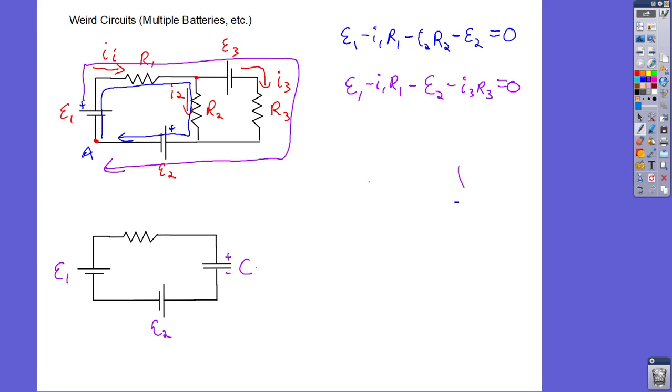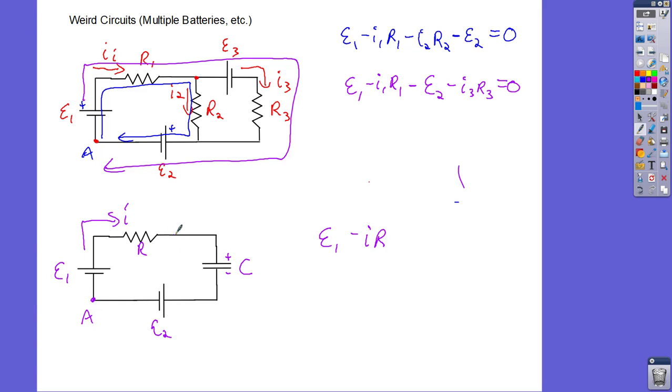So it's kind of like looking at one of these EMF sources. If you consider the current to be going this way, then when you're doing the loop rule here, I'll start at A again. This is going from negative to positive, so that's going to be a positive E1, minus IR.